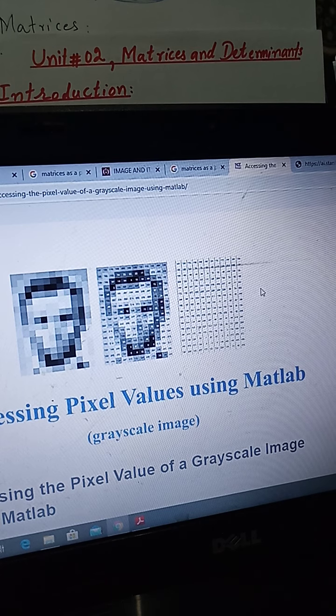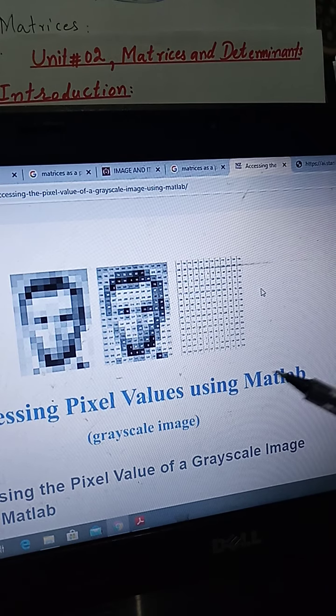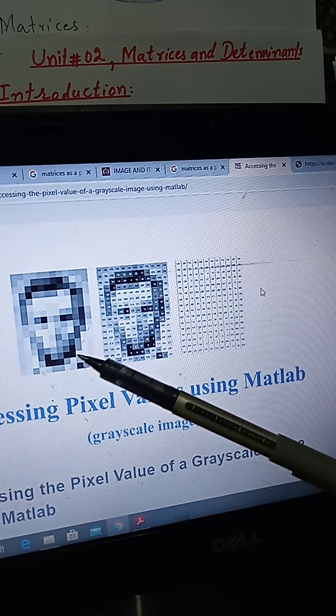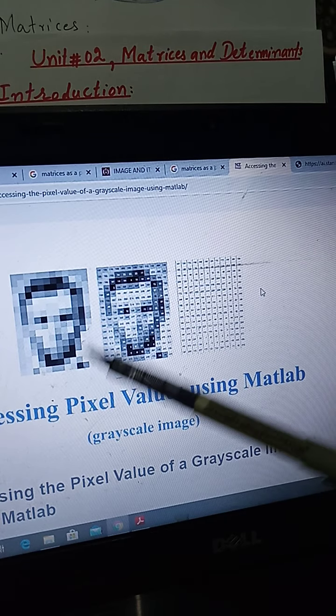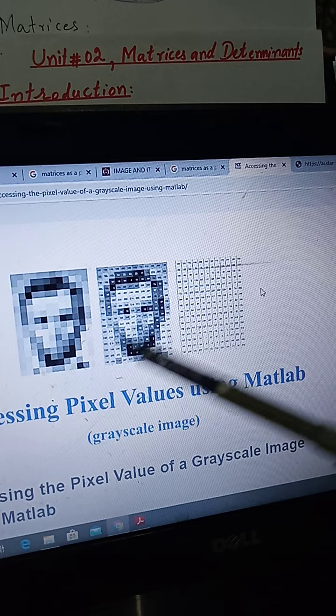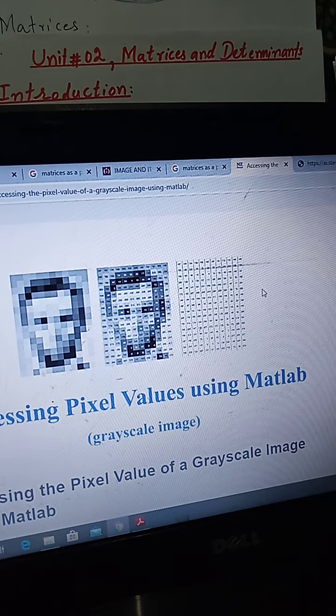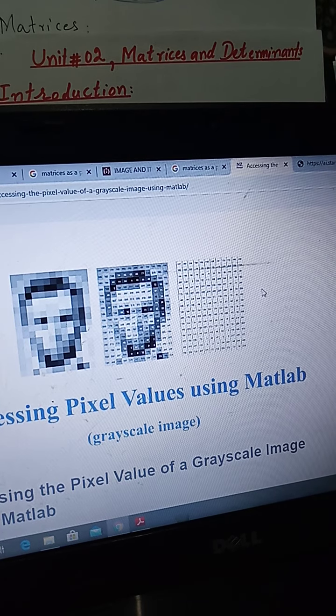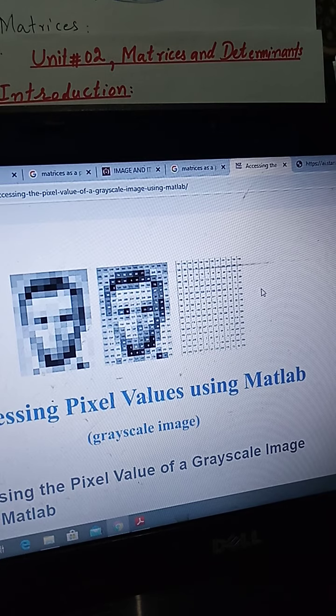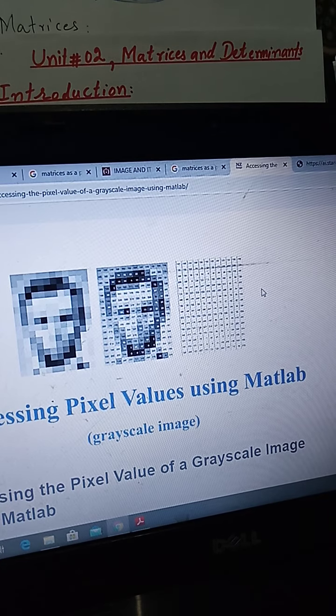We have rectangular matrices and many other matrices, but those are not used in the applications. The square matrices are used in applications, and this is the reason. When you zoom in on an image and get the pixels, behind the pixels we have square matrices. So remember, this is the importance of the square matrix.